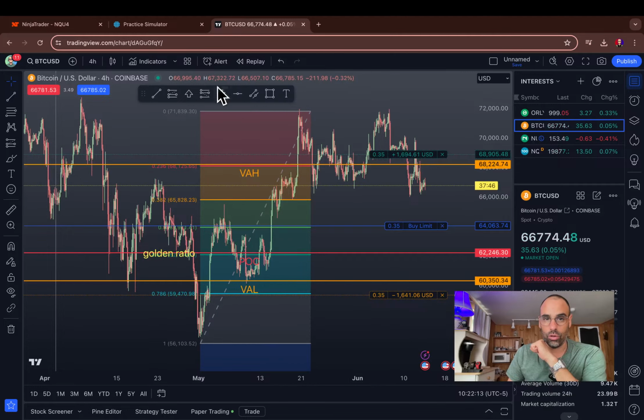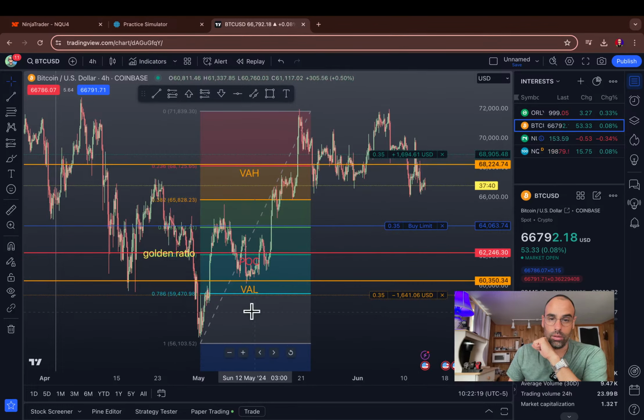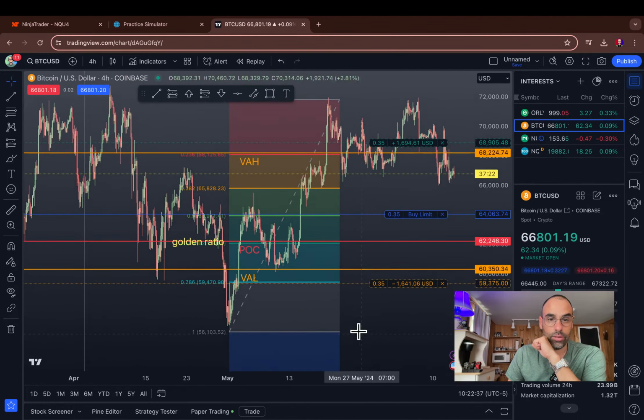He showed the instrument. One of the indicators was fixed range volume profile, which gives you this information here. Wait, is this? No, because this is the Fibonacci retracement. This one here with these areas. Oh yeah, now I know.